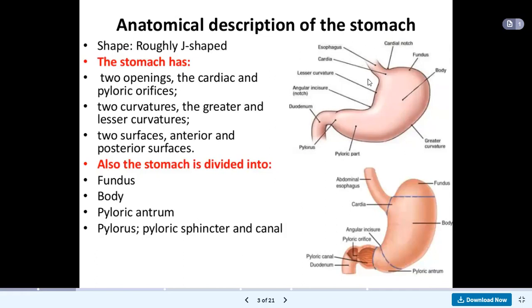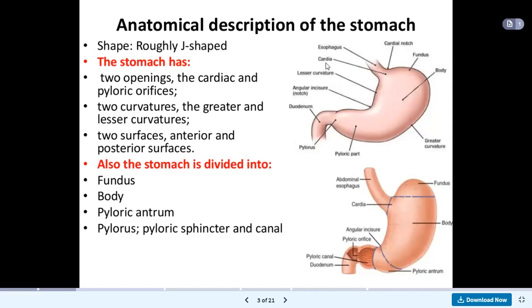The cardiac orifice is the opening between the stomach and the esophagus. So this is your esophagus, and then this is the part of the stomach called the cardia. There is an opening here that connects the cardia part of the stomach to the esophagus.